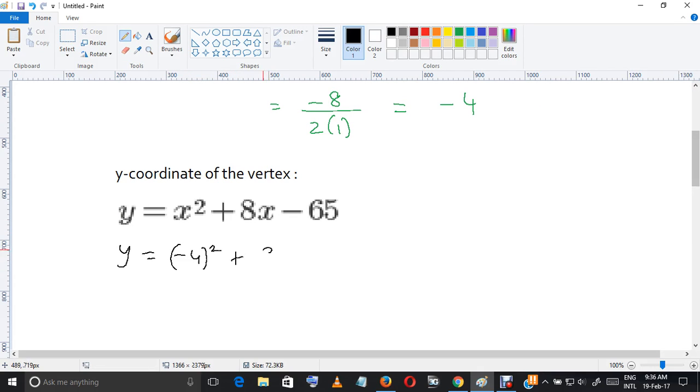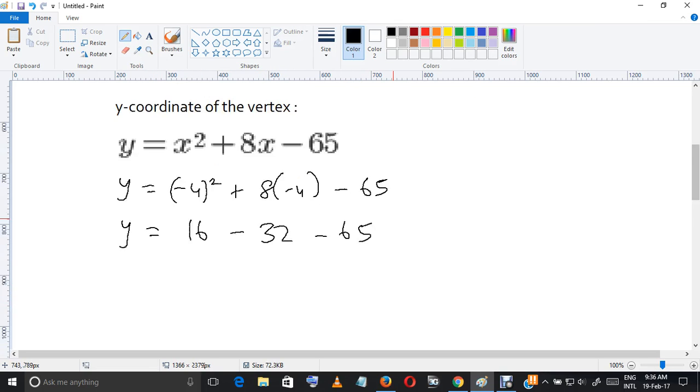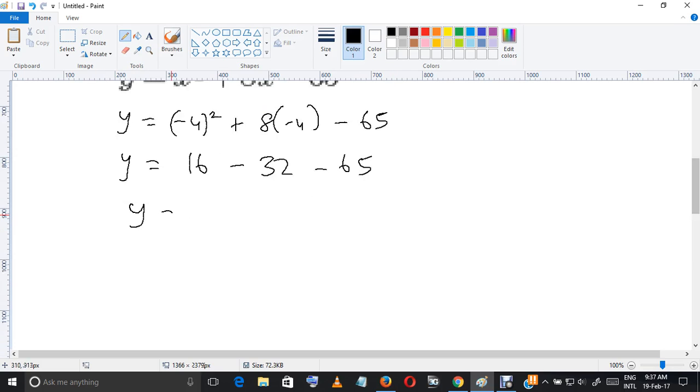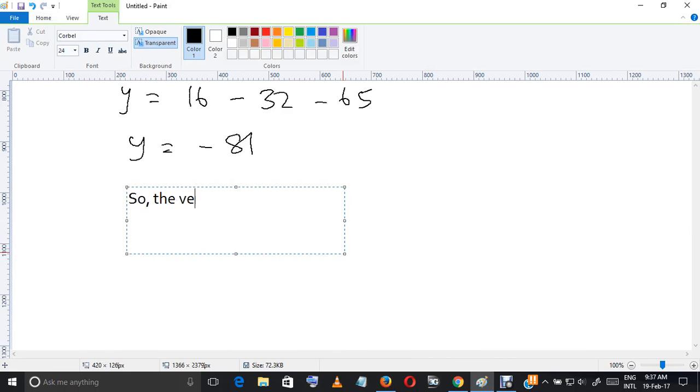Negative 4 the whole square plus 8 times negative 4 minus 65. I'm going to give you 16 minus 32 minus 65, which is negative 81. And so you have the vertex, and it is negative 4, negative 81.